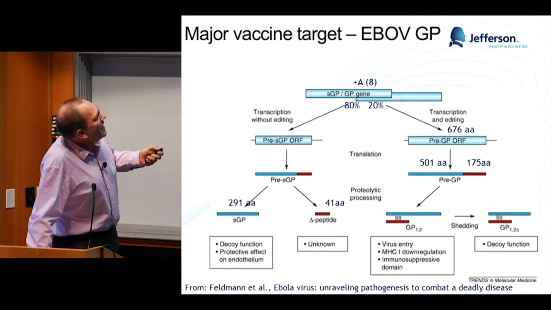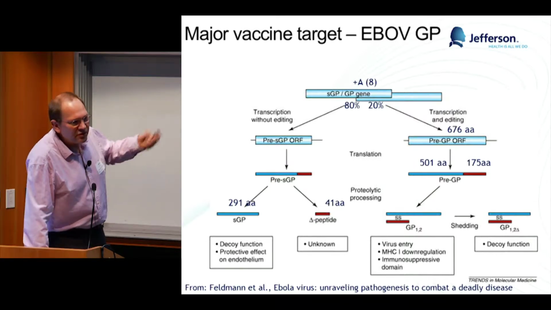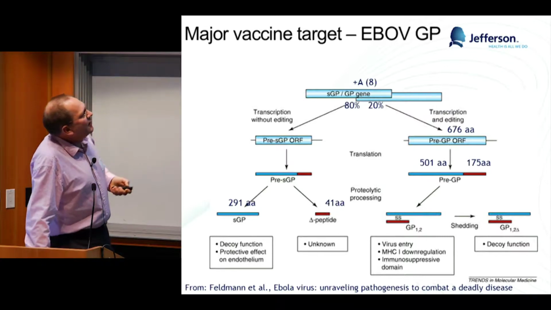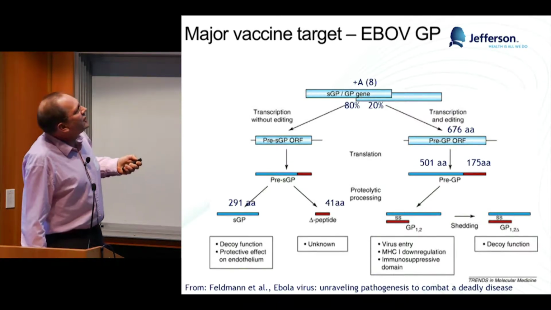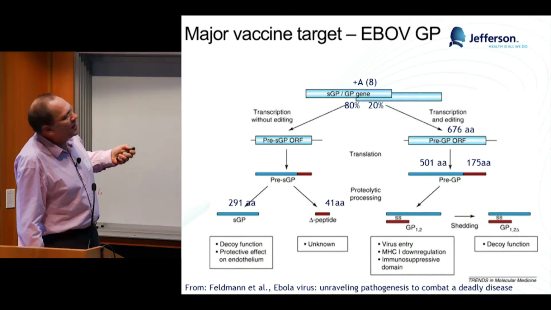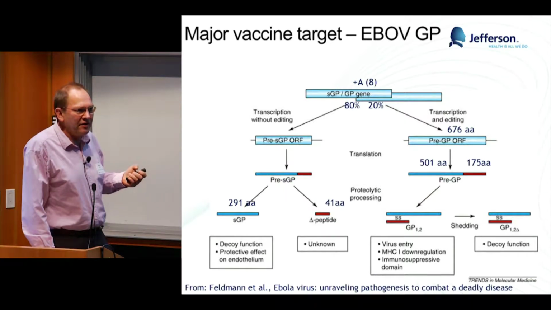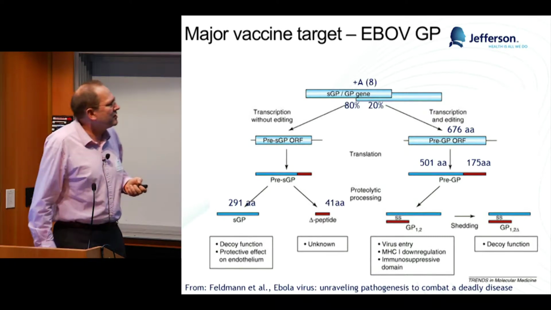So basically 80% is that short soluble protein, which is just produced and pumped out, and only 20% is the real protein. And we know if you change that and you just have GP full length, which happened in some of the vaccine studies, you have a highly attenuated virus already. So the soluble protein is important.